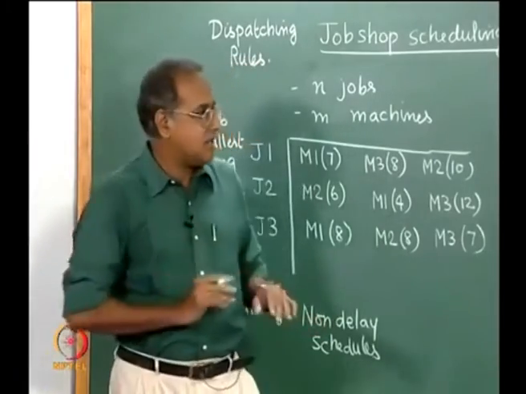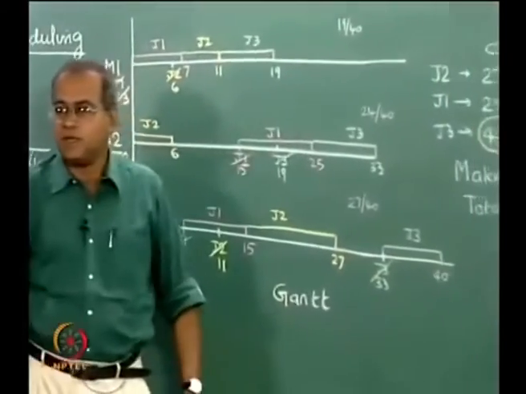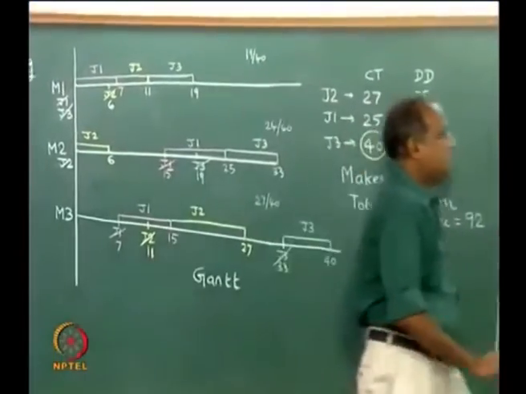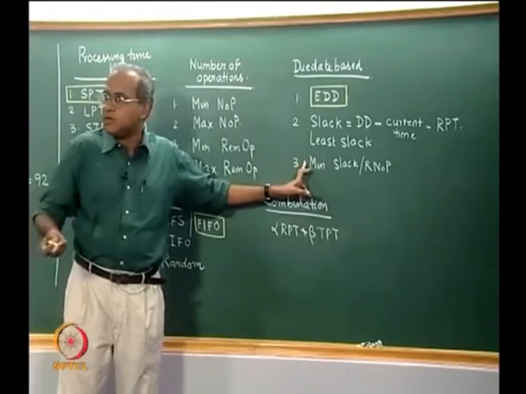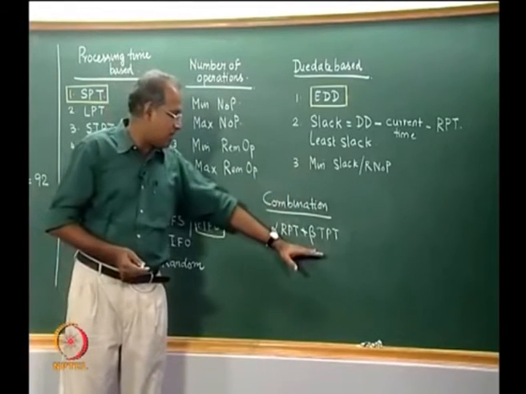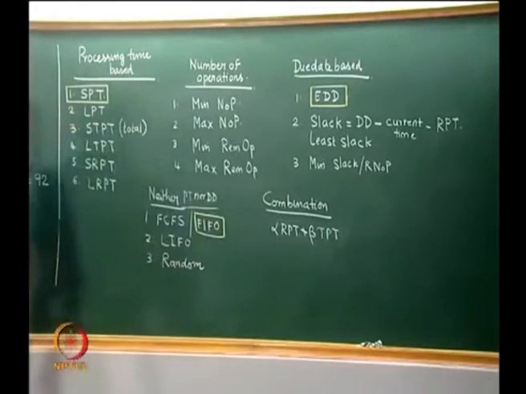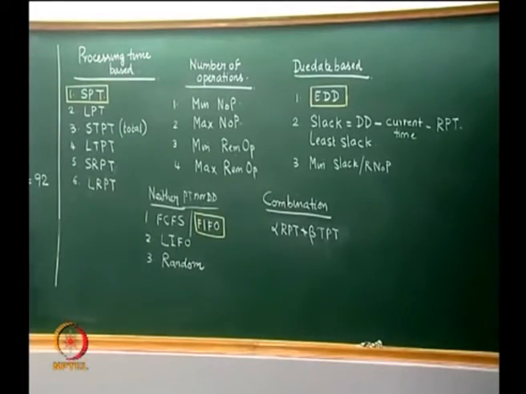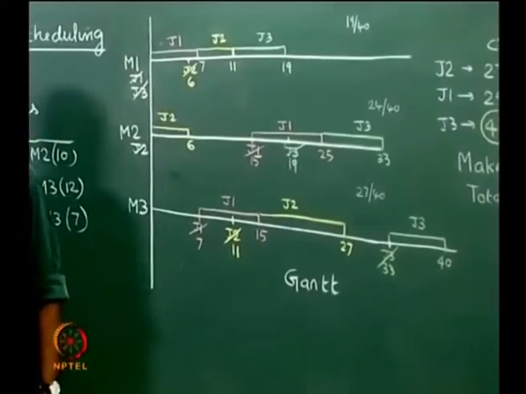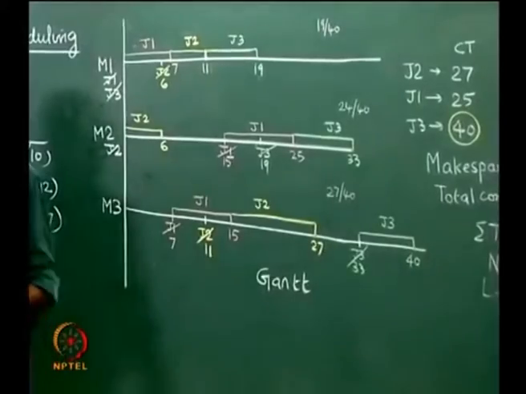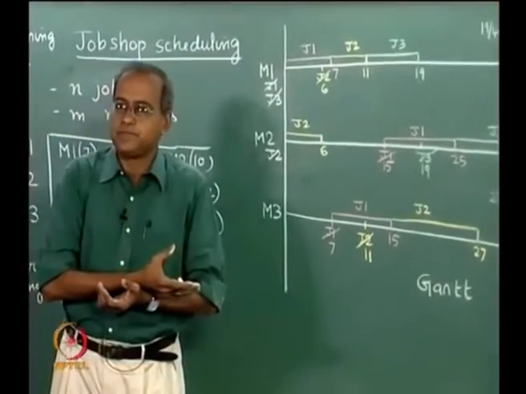Now, the question is, if the SPT Gantt chart gives us a solution with 40, and let us assume that we are using slack by remaining number of operations as another rule, or we are using 0.5 times RPT plus 0.5 times TPT as a dispatching rule, and we are able to get a makespan of 38, then from an optimization point of view 38 is better than 40.